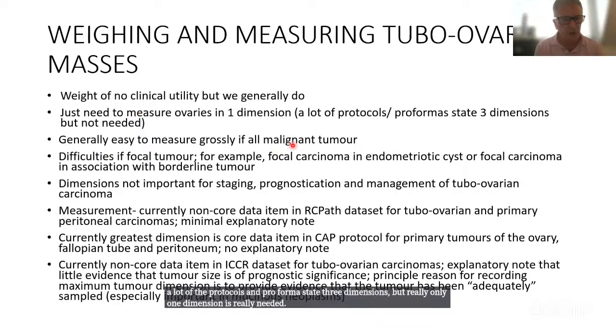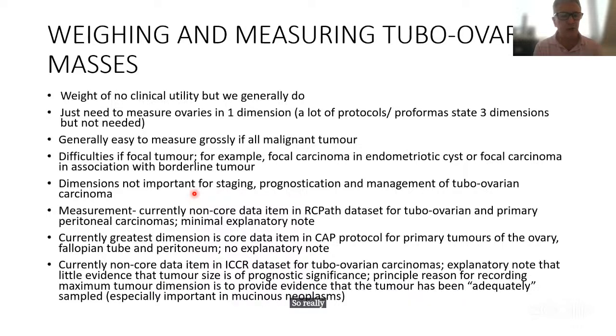And of course, if it's all malignant tumor, it may be easy to measure, but if you've just focal carcinoma in an endometriotic cyst or a focal carcinoma in association with a borderline tumor, it may not be possible to measure these grossly. So really the dimensions of an ovarian tumor are not important for staging, prognostication or management.